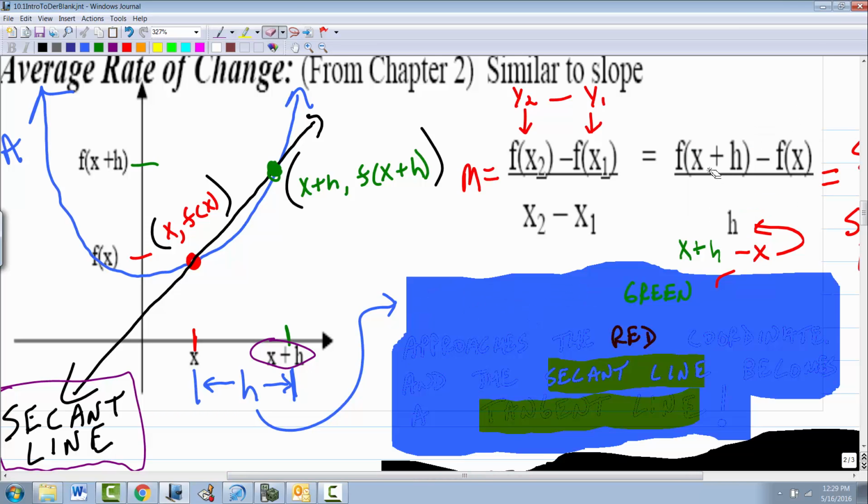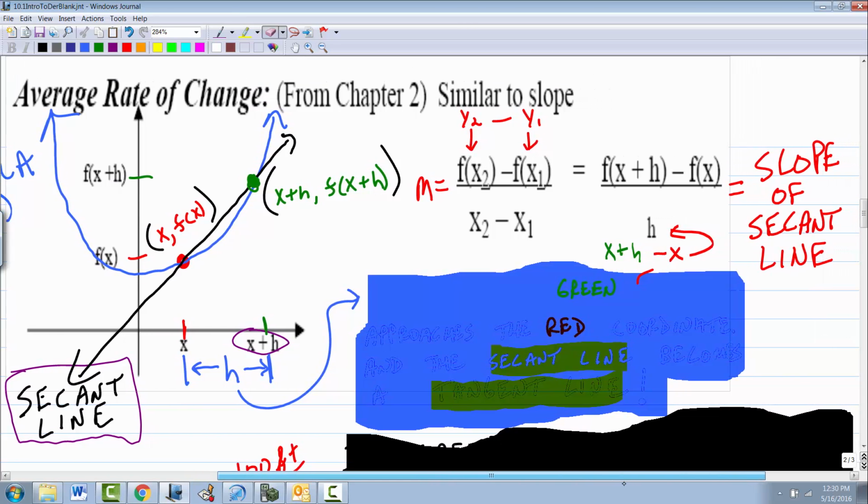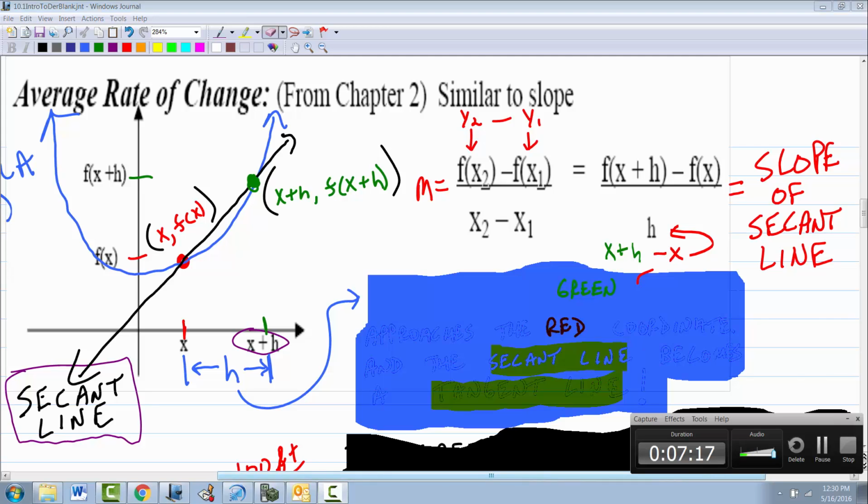The y minus y over x minus x. So this is the slope of the secant line formula. Now you're probably asking yourself, what's this x and x plus h deal? Why would they do this? Well, I'll get to that in a second after I see people done.